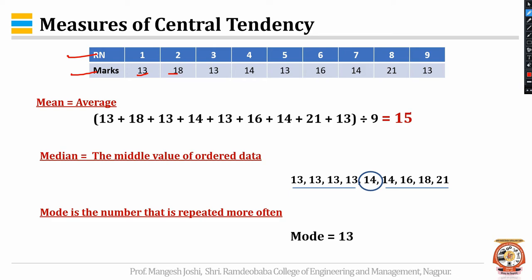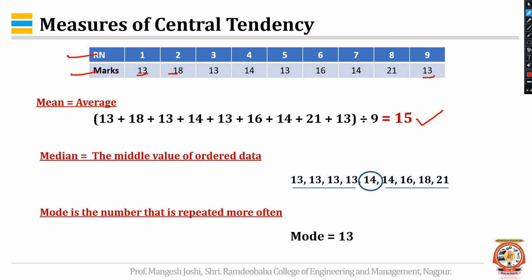If you want to calculate the average or mean of the marks, it is very easy: you add all the values from 13 to 13, and then divide that summation by the number of elements in that set. So you have got the average, that is the mean value of 15.